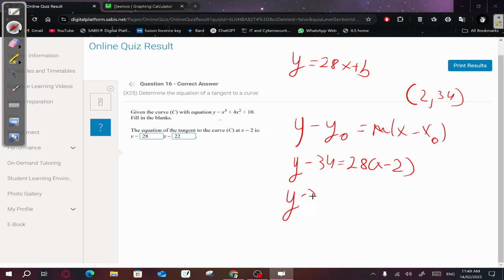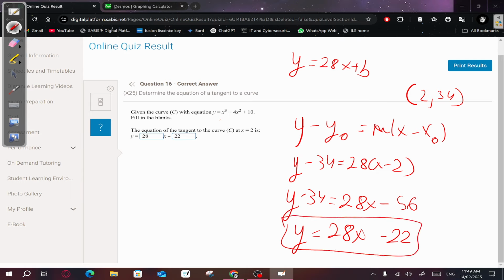So y minus 34 is equal to 28x minus 28 times 2, which is 56. Then you take 34 to the other side: 28x minus 56 plus 34, which is minus 22. And this is your final answer.